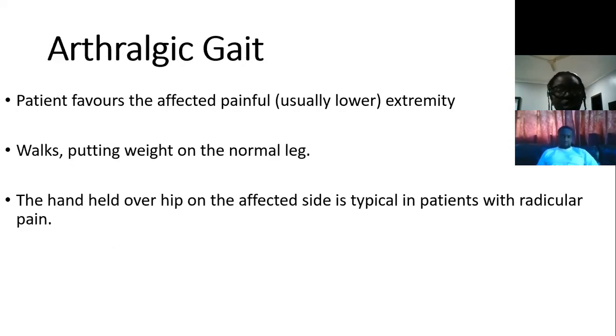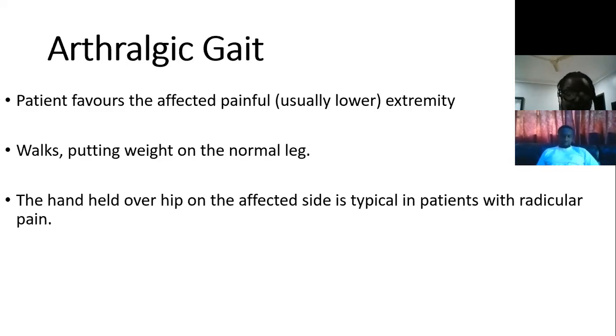Arthralgic gait usually occurs when the patient has a painful lower extremity. So maybe pain at the hip from a condition that has caused some inflammation there. Arthritis at the hip, avascular necrosis of the hip, and so on. And usually you realize that the patient puts the hand over the affected side and tries to balance their weight, shifting it from the painful side to the non-painful side.